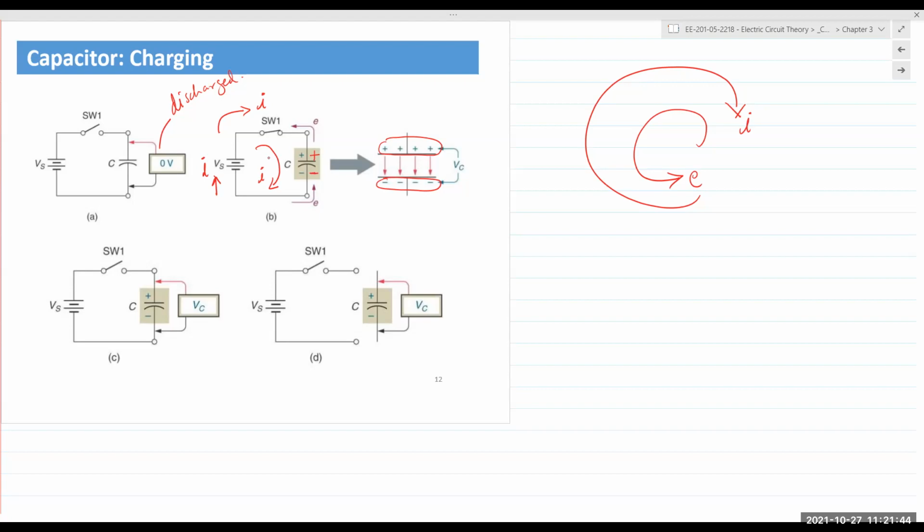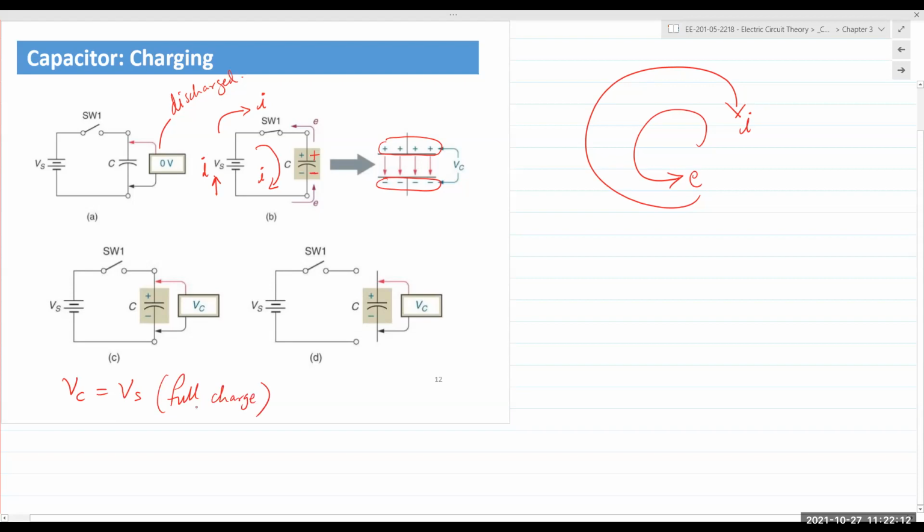Okay. So now VC at some point is going to reach a maximum value, which would be Vs, right? At that point where Vc equals Vs, we say it has reached full charge. What happens then?